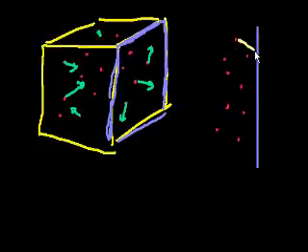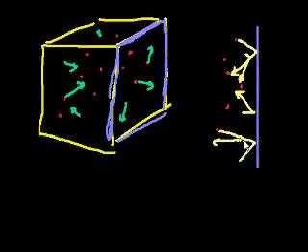Over that period of time, this one might end up here. This one maybe bumped into it right after it ricocheted, came here. This one changes momentum, goes like that. This one might already have been going in that direction. That one might ricochet. But what's happening is, in any given moment, since there are so many molecules, there's always going to be some molecules that are bumping into the side of the wall.